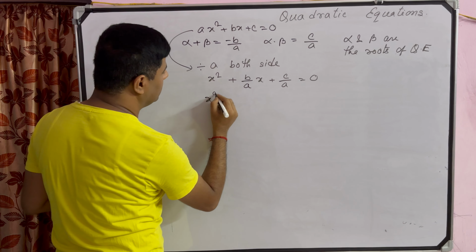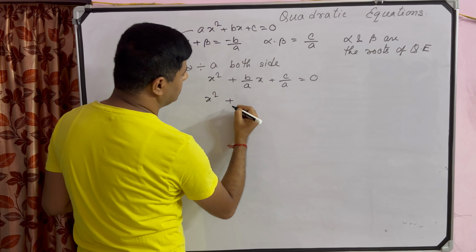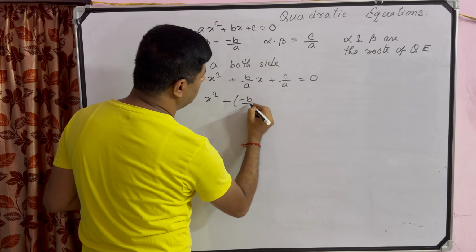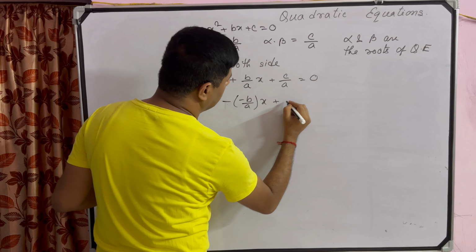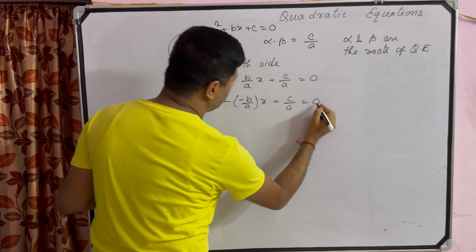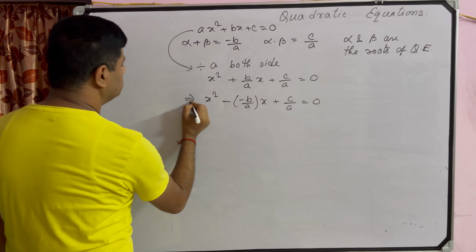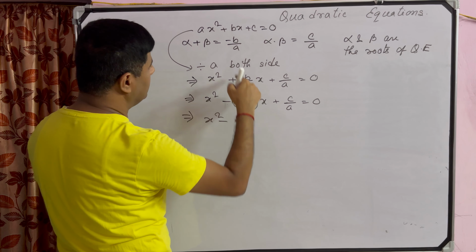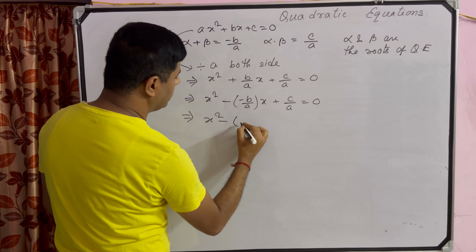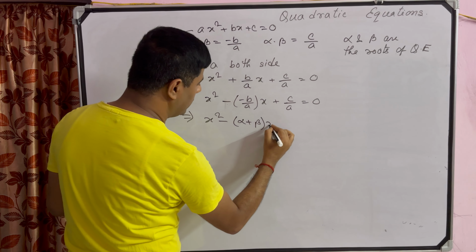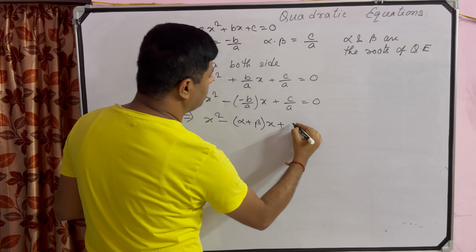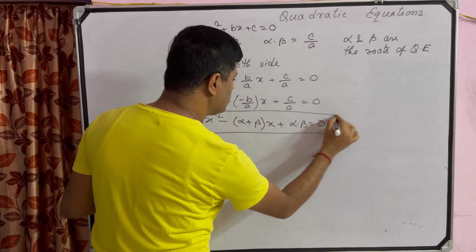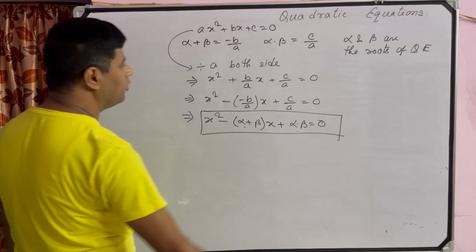So can I write it down like this? x square plus, instead of this plus, I'm writing minus, and minus b by a into x plus c by a equal to 0. So it will be x square minus, and minus b by a is alpha plus beta, so alpha plus beta into x plus c by a, meaning alpha into beta, equal to 0. And this is the quadratic equation if alpha and beta are known.